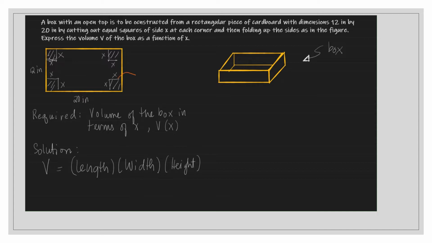So this portion here will be the height of the box, this one we associate with the length, and this one with the width.